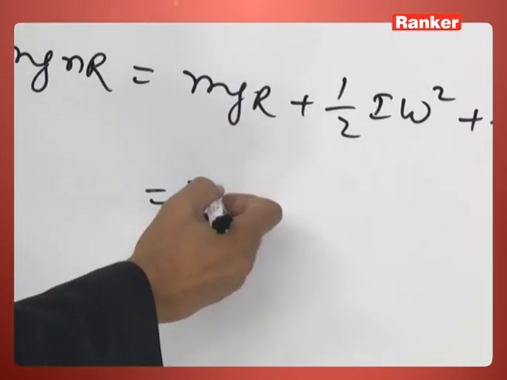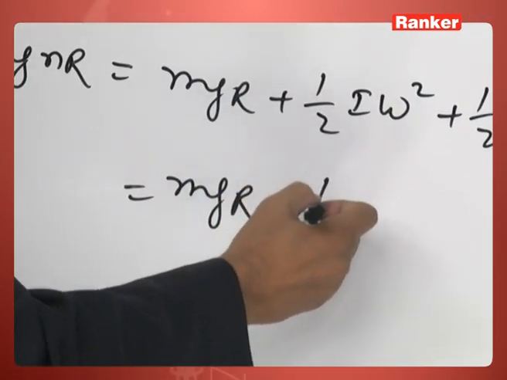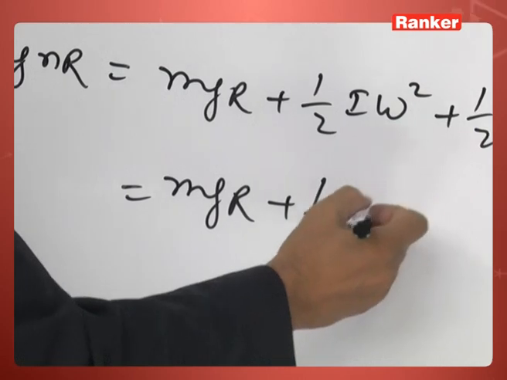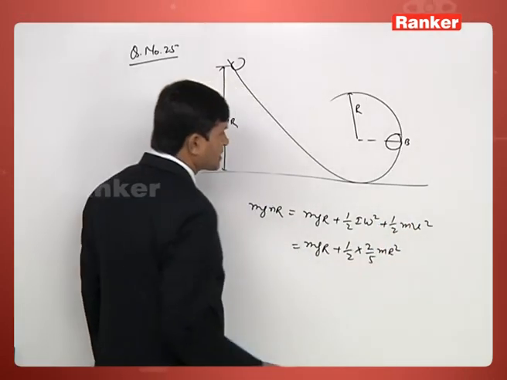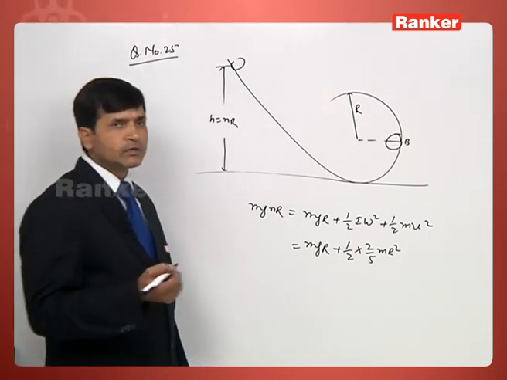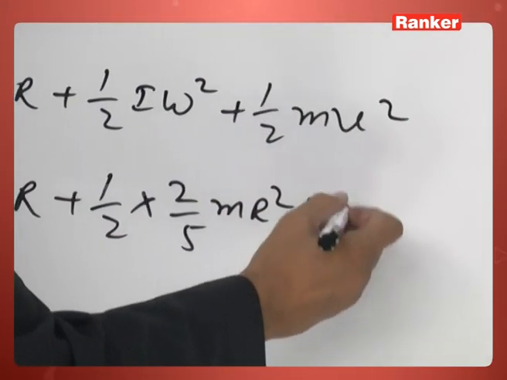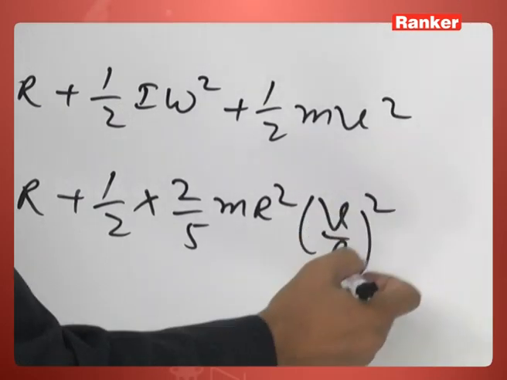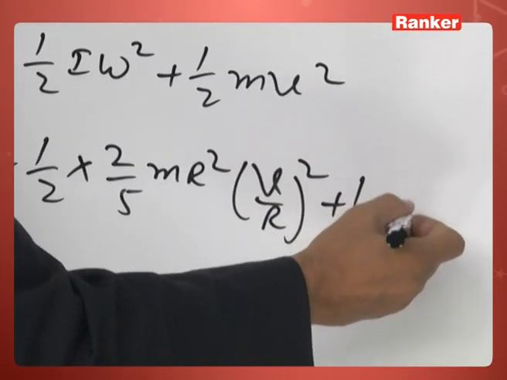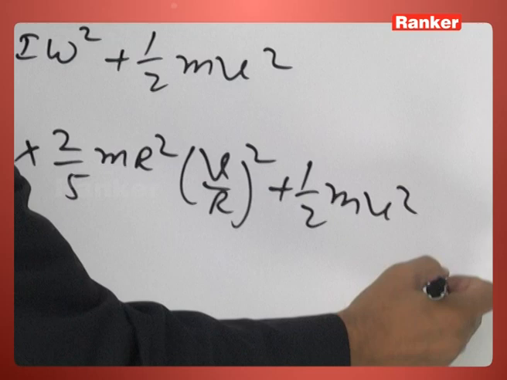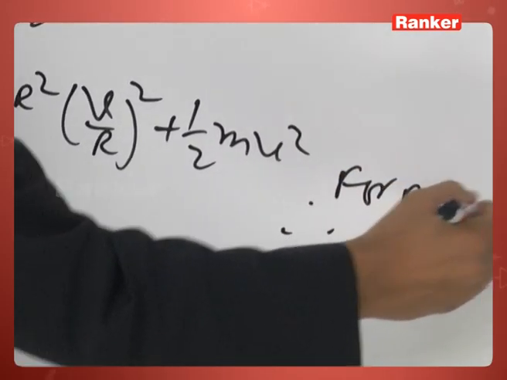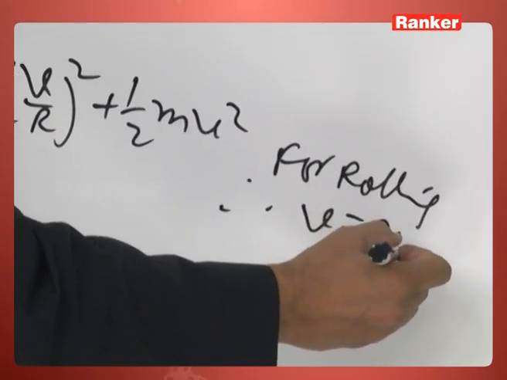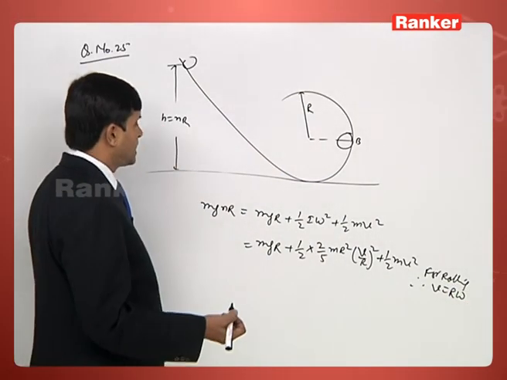Then we can write half, the moment of inertia of the ball 2 by 5 mr square, and omega square is v by r square, plus half mv square, as for rolling v is equal to r omega.